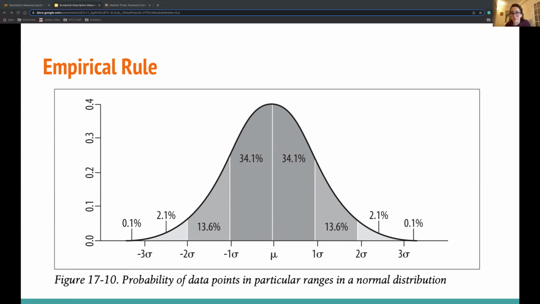Under the empirical rule, we use the number of standard deviations away from the mean to show the probability of a value. By dividing the area under the curve into subsets delineated by 1 standard deviation, we see that 34.1% of values fall within this interval. We can take this positive or negative and say that 68.2% of values are within 1 standard deviation from the mean.